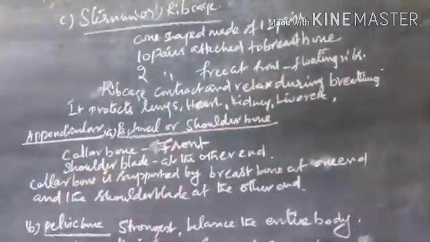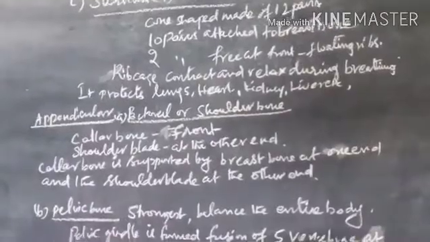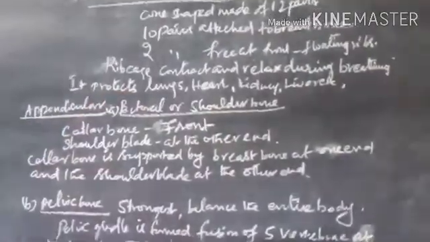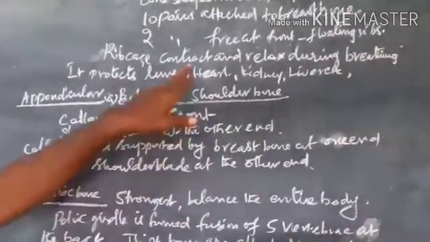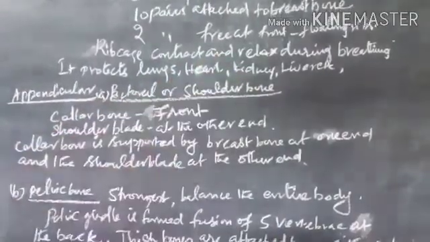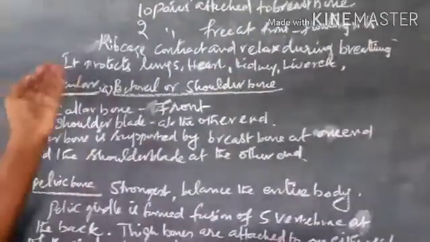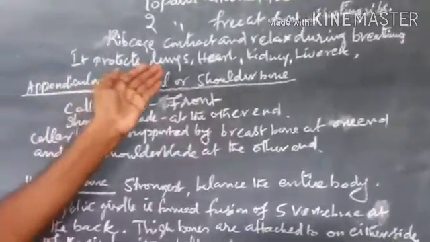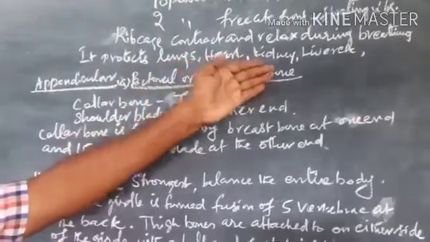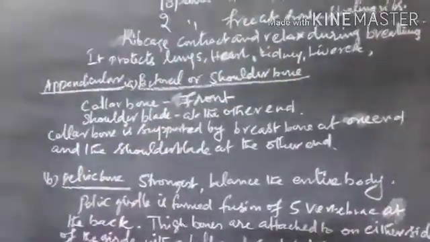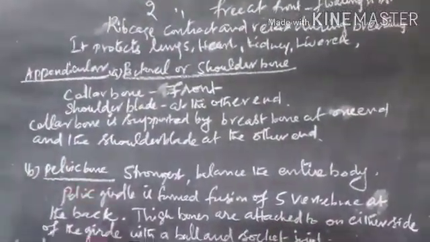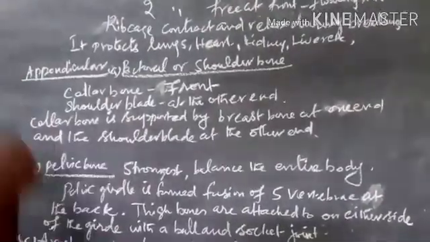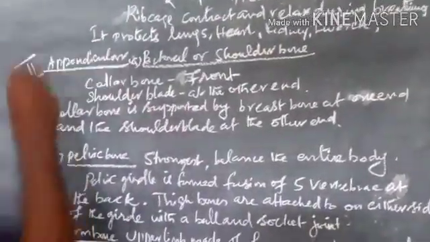That's why they are called floating ribs. The rib cage contracts and relaxes during breathing. The rib cage also protects the underlying visceral organs like lungs, heart, kidney and parts of the liver, etc. Understand?